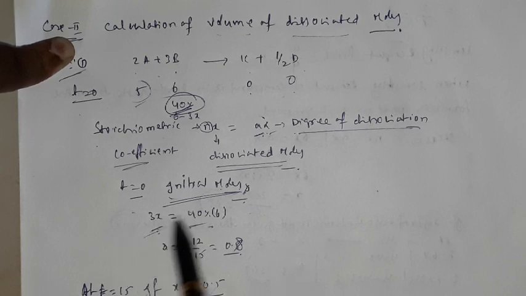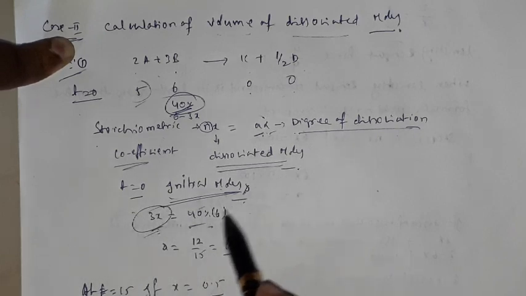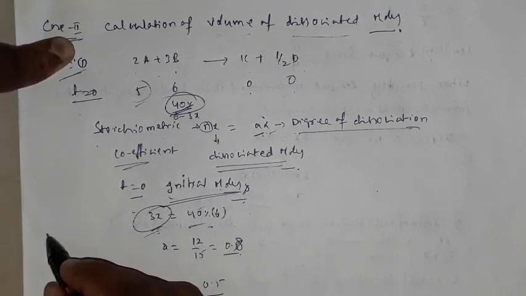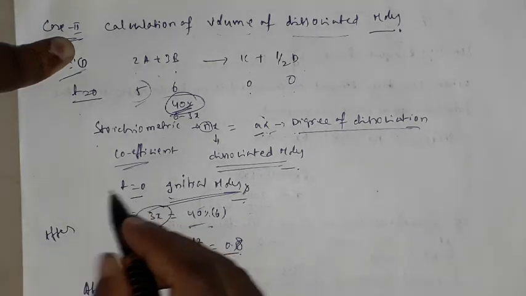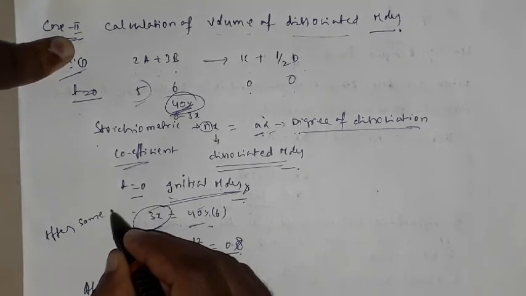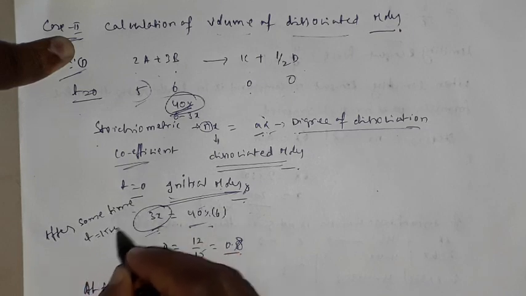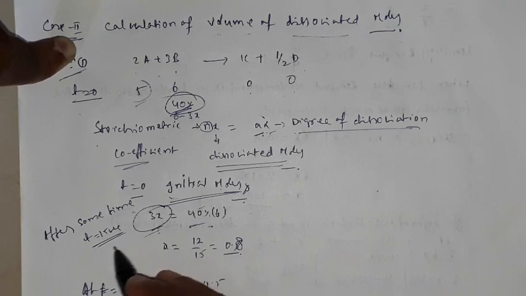After some time t, the dissociated amount is 3x. After some time t, we can take 15 seconds.